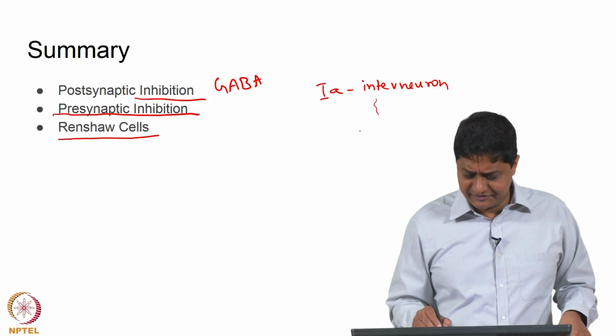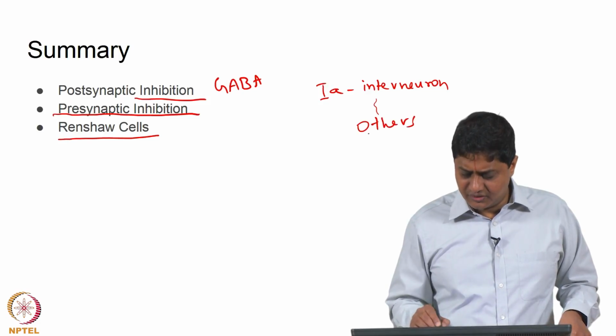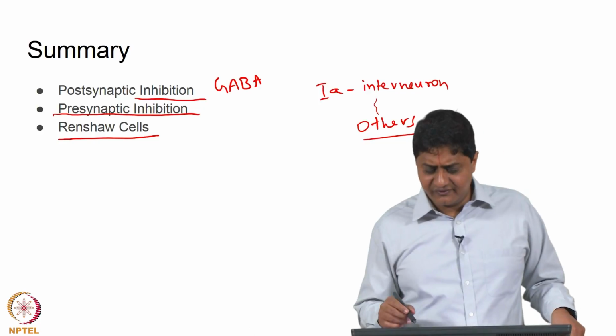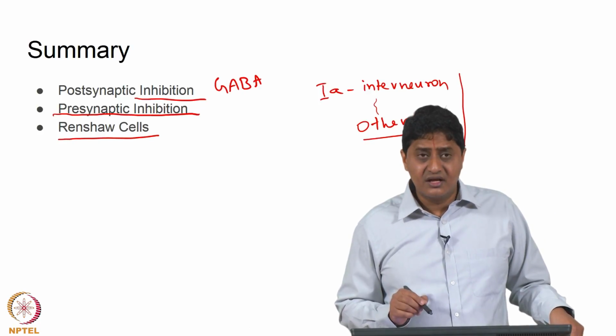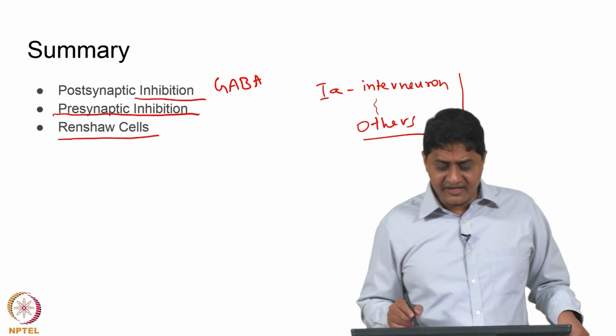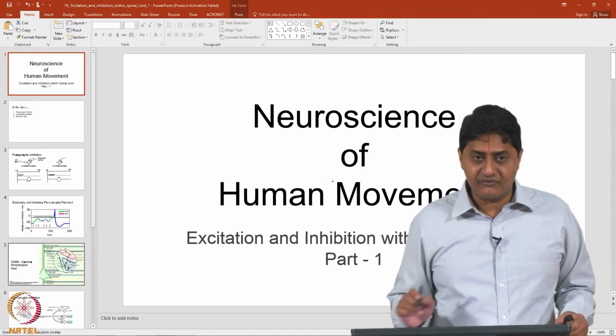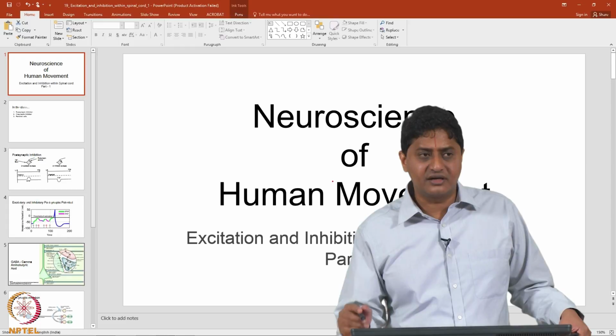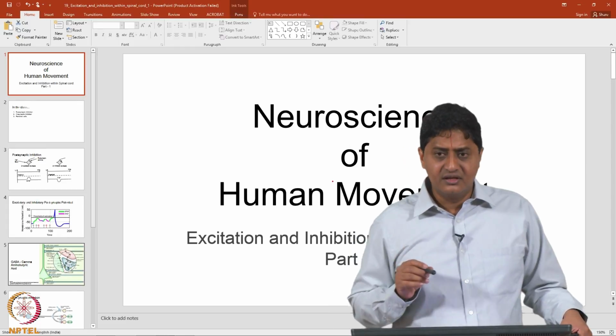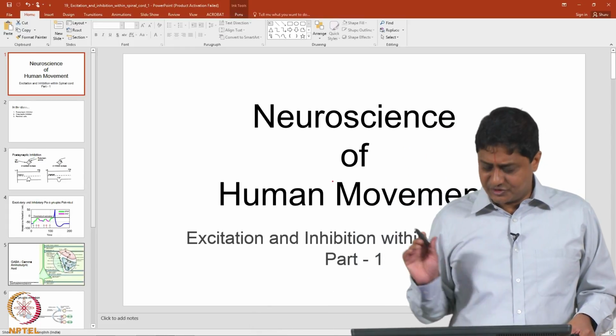We will reserve those discussions, and the various loops of excitation and inhibition, and which part of the spinal cord is responsible for what, for future classes.